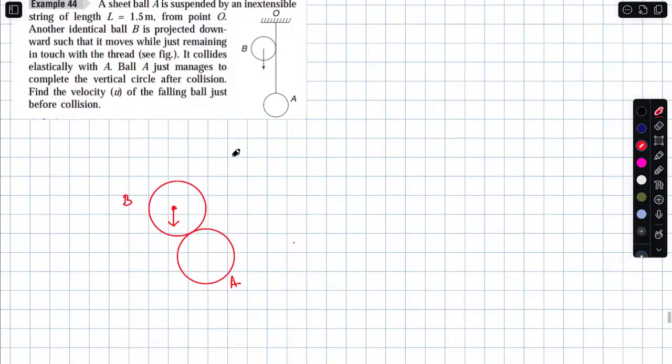Ball A just managed to complete the vertical circle after collision. Find the velocity u of the falling ball just after collision. What is the common normal here? The line is a common normal.